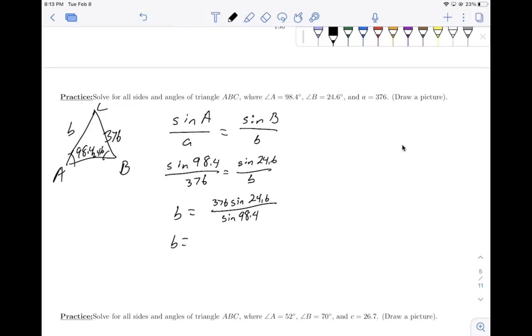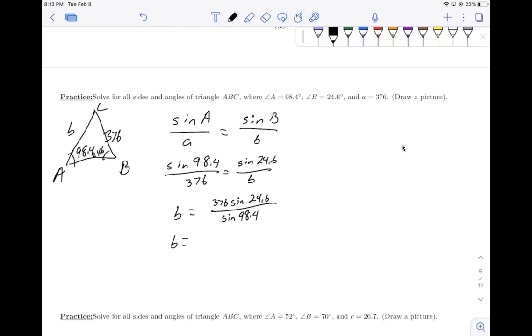B is equal to 157. I might have made a mistake on the keys by plugging in something wrong, but it's pretty close to 157 there.